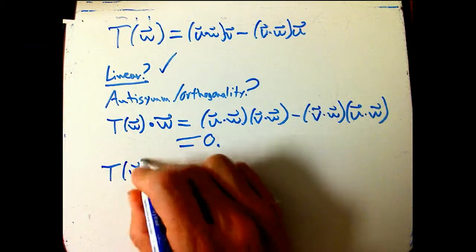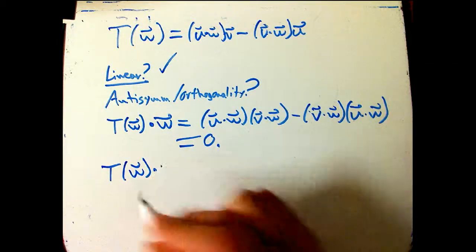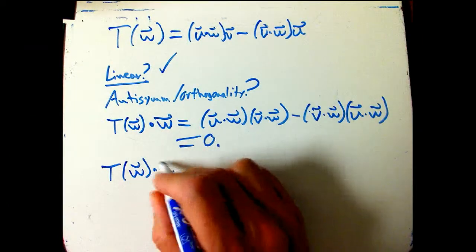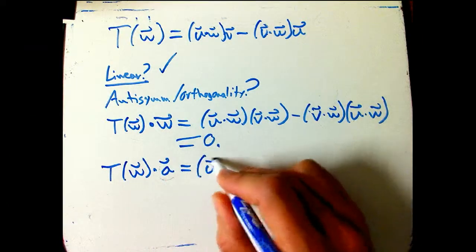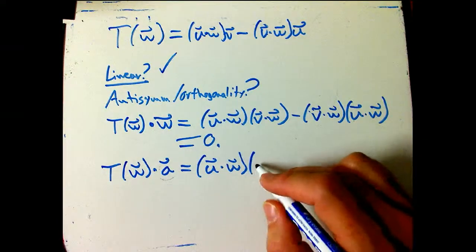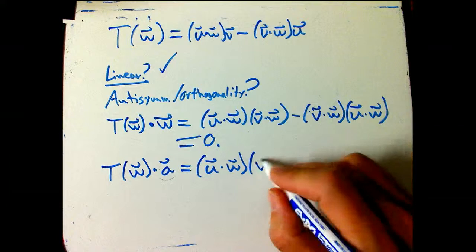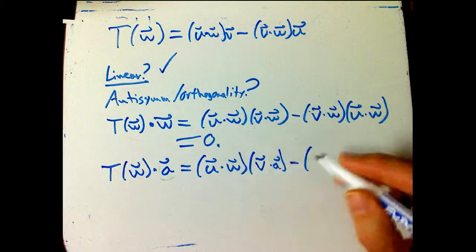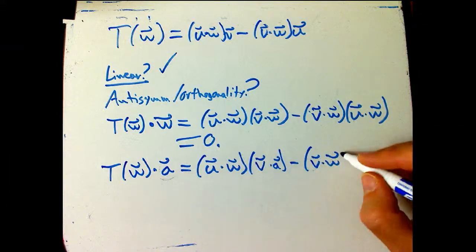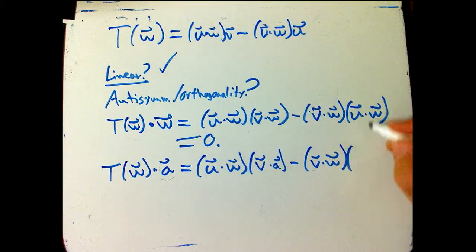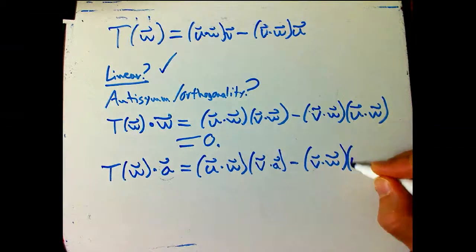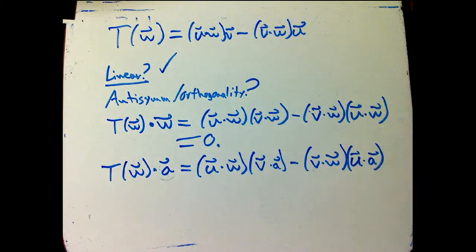Okay, and we know that that's actually enough to check, but we might want to check T of W dot, let's see, what do we need? How about some other one like A? Okay, this should be antisymmetric, and these are really equivalent. It's a little bit redundant to do this. What I should be getting is something that's antisymmetric if I switch the roles of W and A. That was kind of the fancier version, what's called the polarized version of the orthogonality.